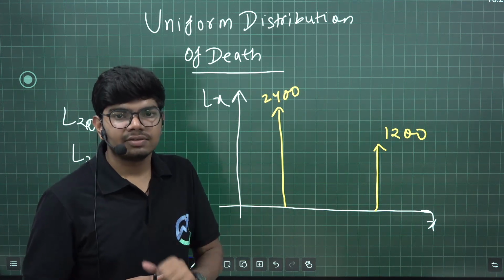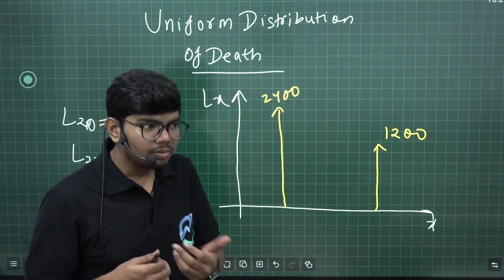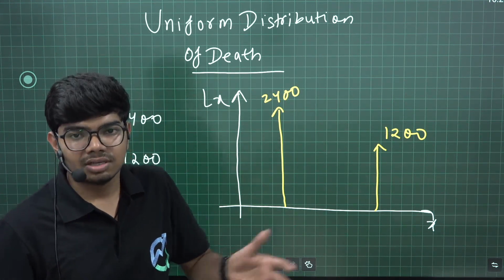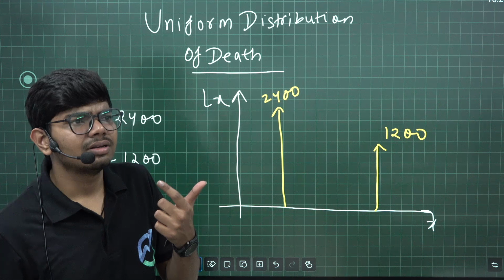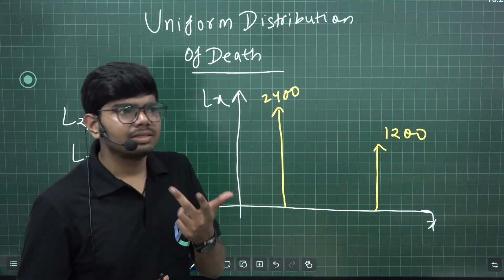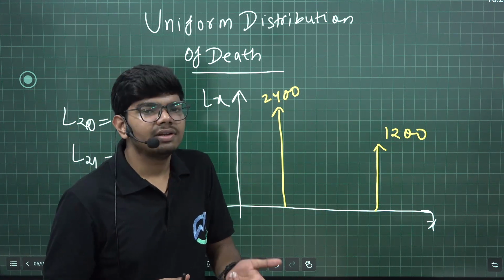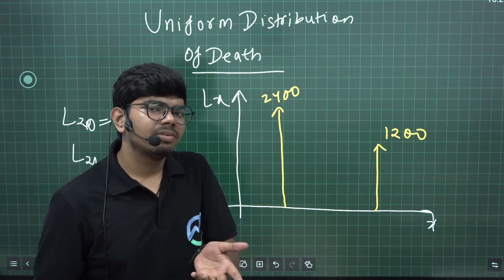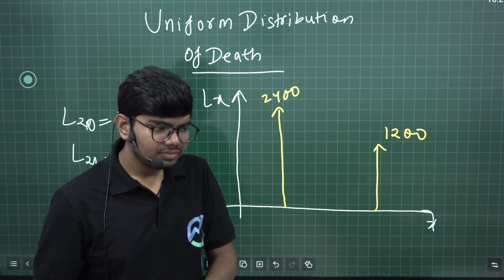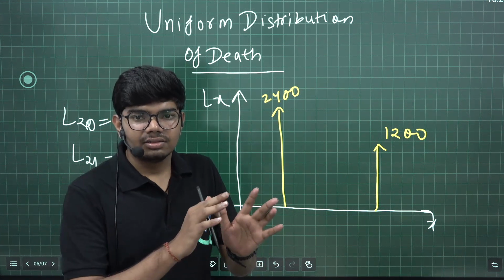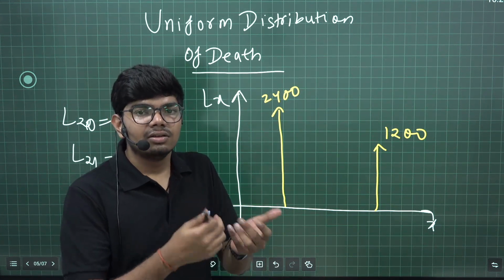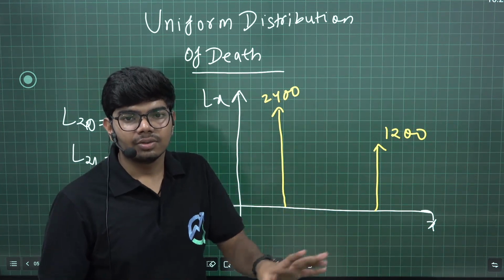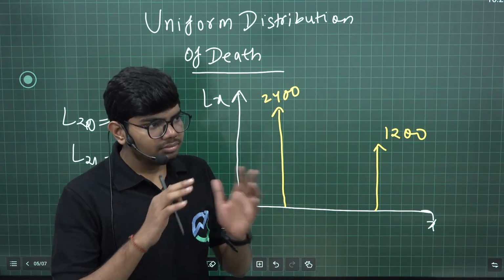The number of people dying in the first half of the year would be more than in the second half. So you can have different assumptions, different progress from 2400 to 1200, depending on where you are living.